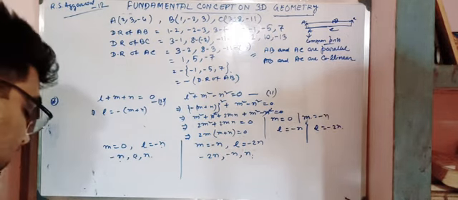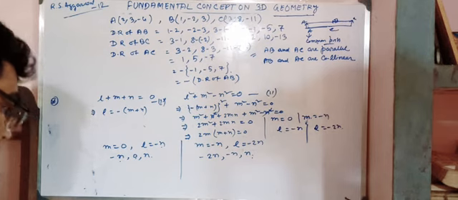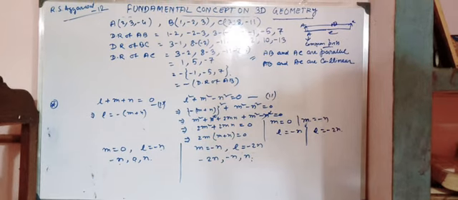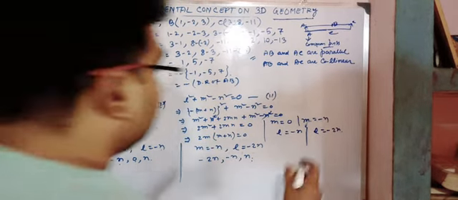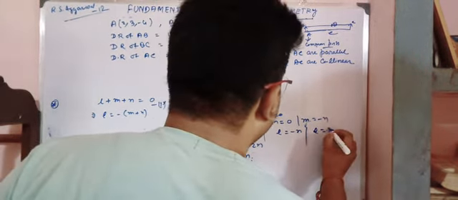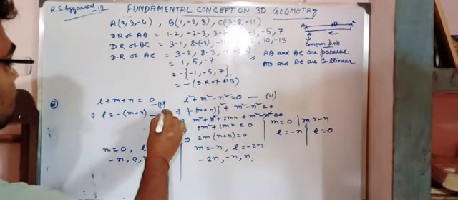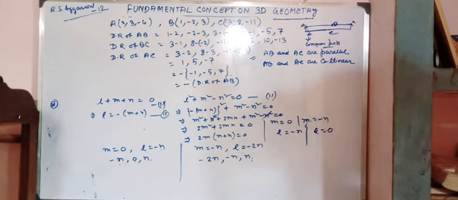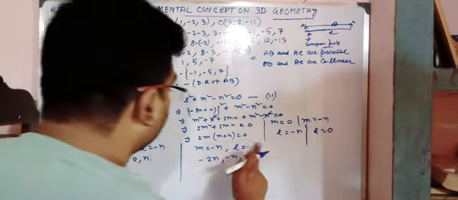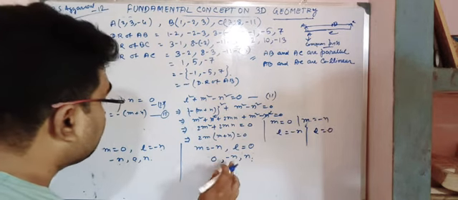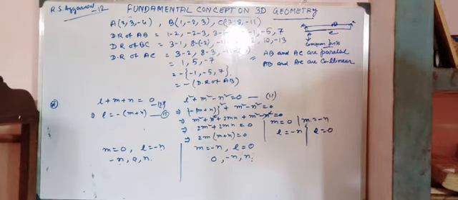Hope you understood that. Sorry, here when m = -n, the value of l should be 0 from relation number 2. So l = 0, and here 0, -n and n.